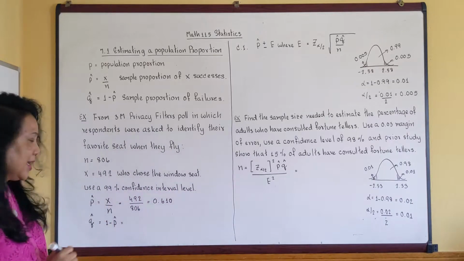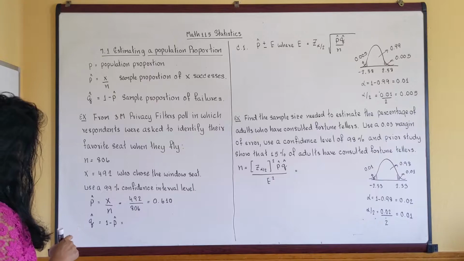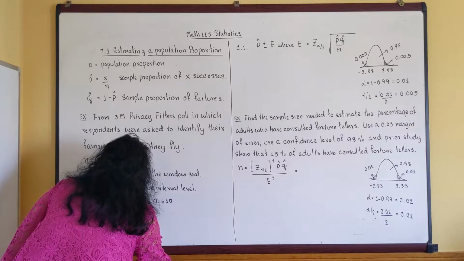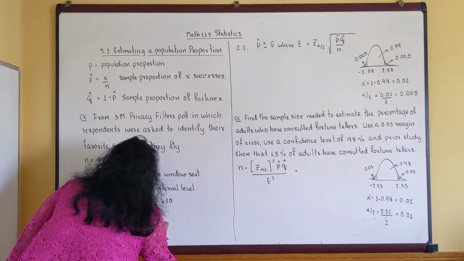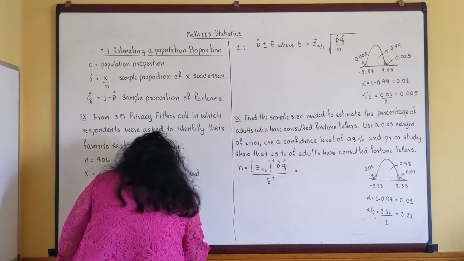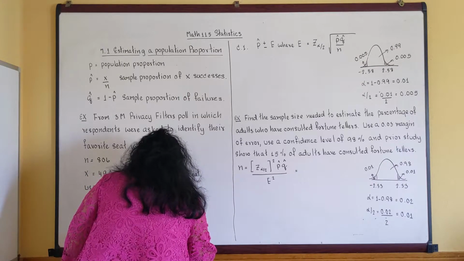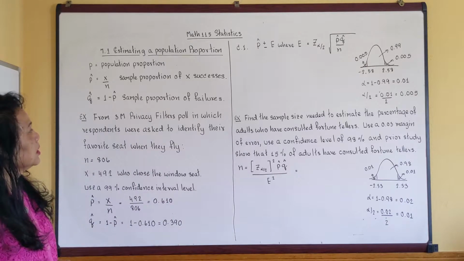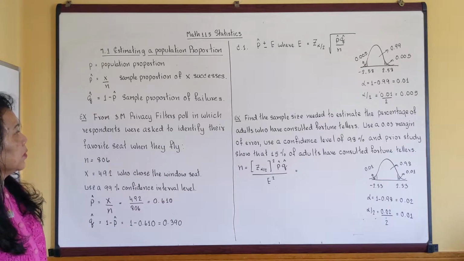That's your p hat. Now your q hat is just 1 minus p hat. So it's going to be 1 minus 0.610, which is 0.390.